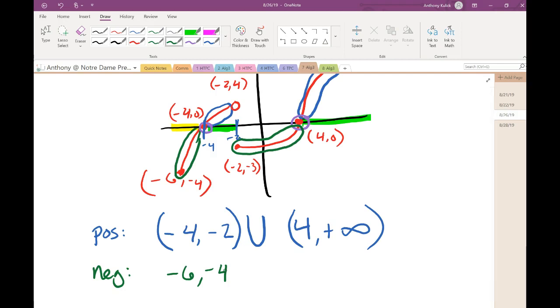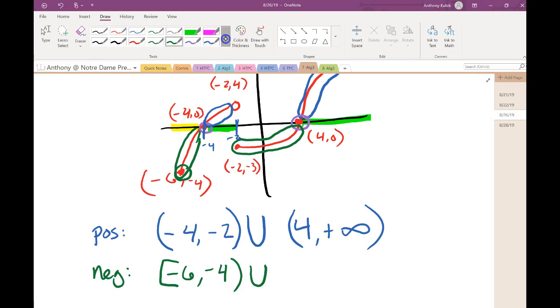Bracket is correct. Notice here that the point -6, -4 is below the x-axis, so it should be included with the negatives. The -4, the other end, parenthesis or bracket? Parenthesis. That point is here. That's on the x-axis. So it should not be included with the negatives.